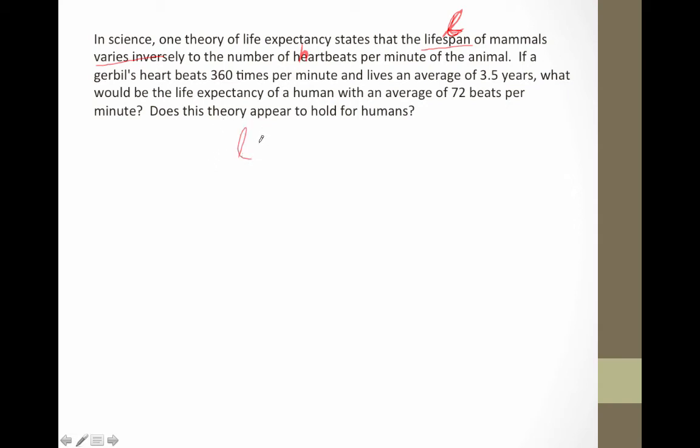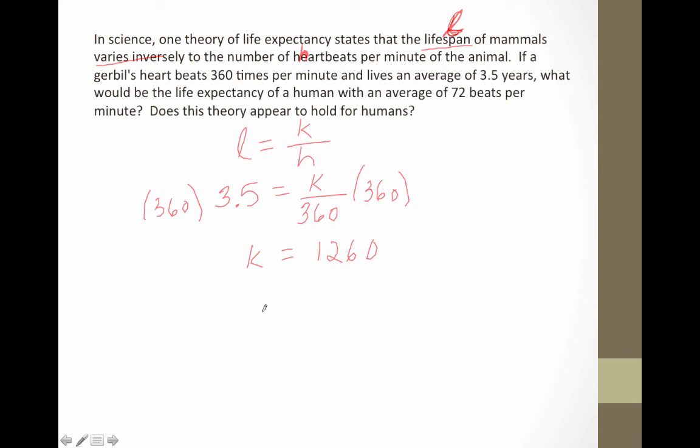So lifespan varies inversely to the number of beats. A gerbil's heart beats 360 times per minute, and they live an average of 3.5 years. So lifespan is 3.5, heart rate 360, so K equals 1,260.